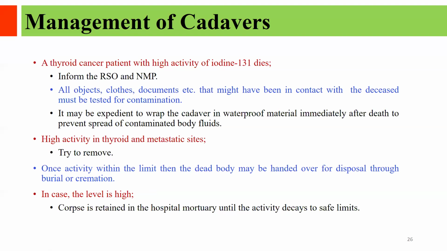All objects, clothes, documents, etc. that might have been in contact with the deceased must be tested for contamination. It may be expedient to wrap the cadaver in a waterproof material immediately after death to prevent spread of contaminated body fluids.